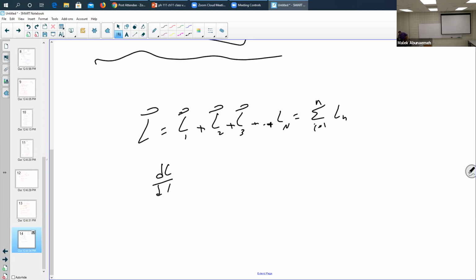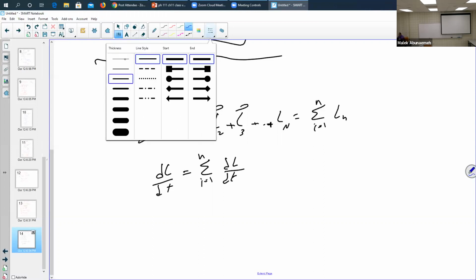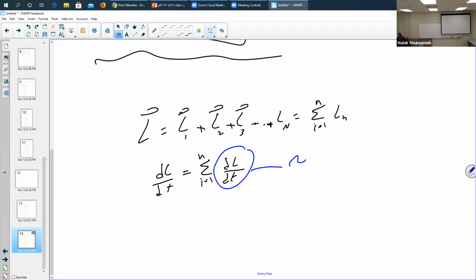And your dL over dt, we said, is going to be equal to the summation from i equals 1 to n of dL, all the L's divided by dt. Now L over t, that's your torque. That means your dL over your dt is going to equal your summation from i equals 1 to n of all the torques.